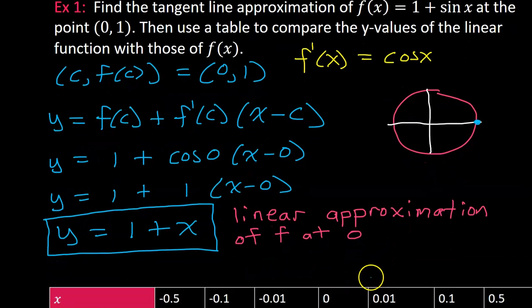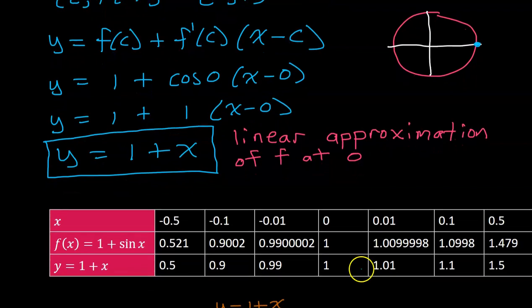Let's go ahead and compare the linear approximation to the actual function and see how those values line up. So the top two rows are the x values and then the actual values of the function. The third row is our linear approximation. Notice that at the point of tangency, which is (0, 1), the approximation is exactly right.